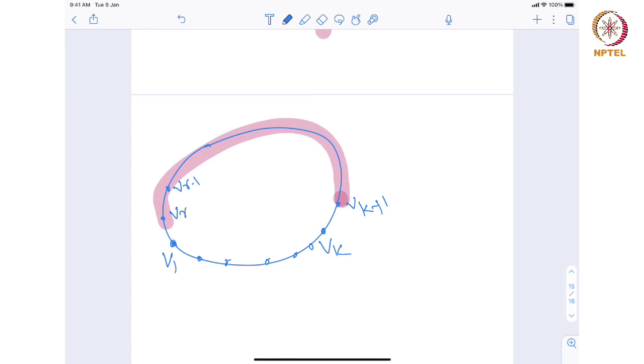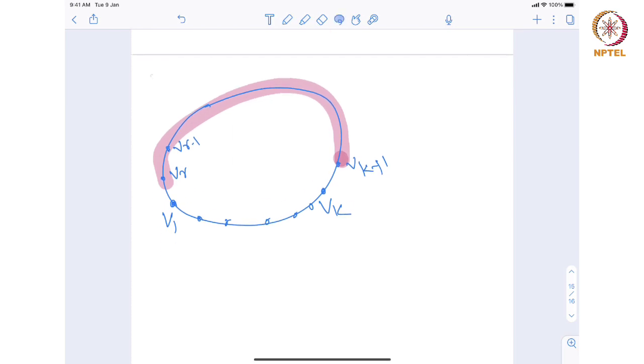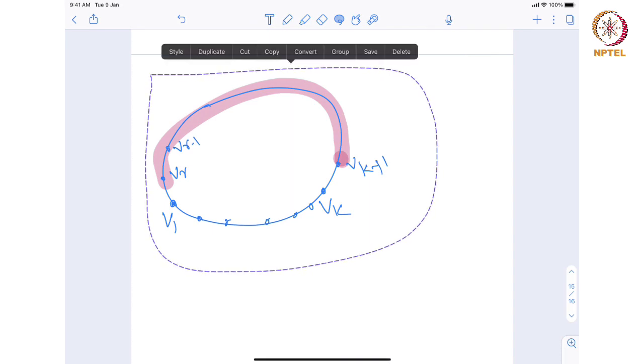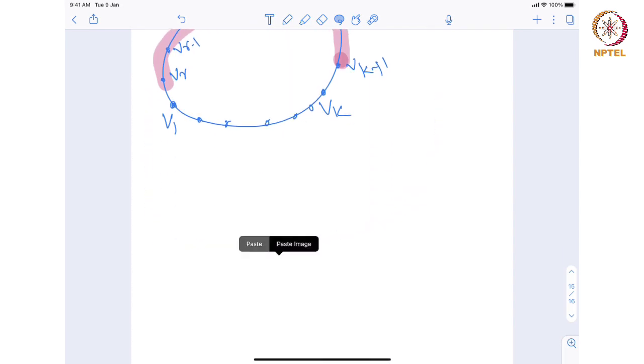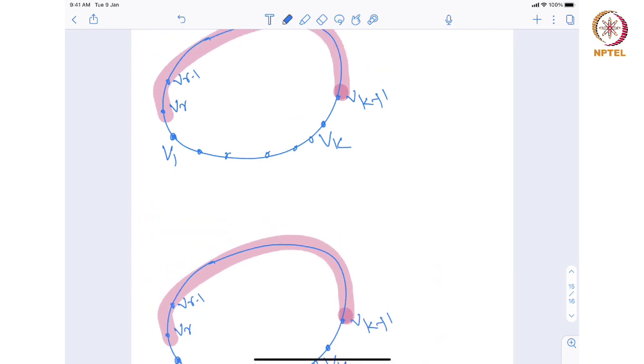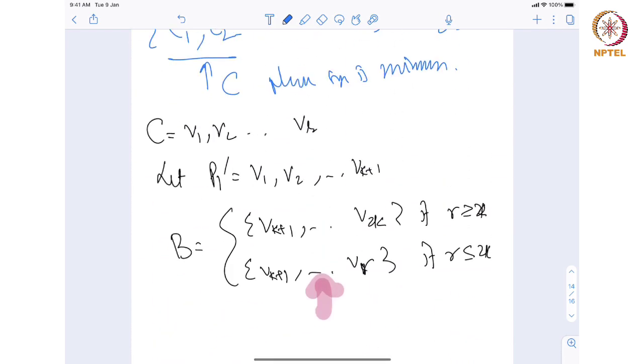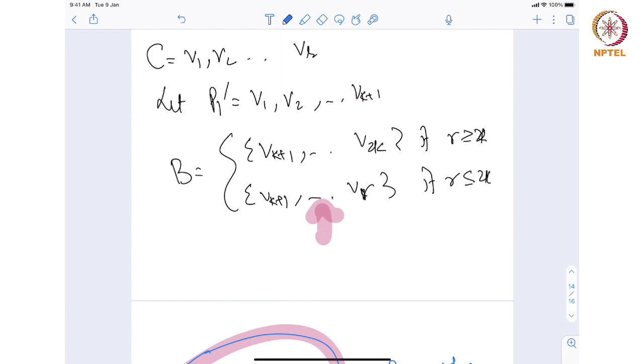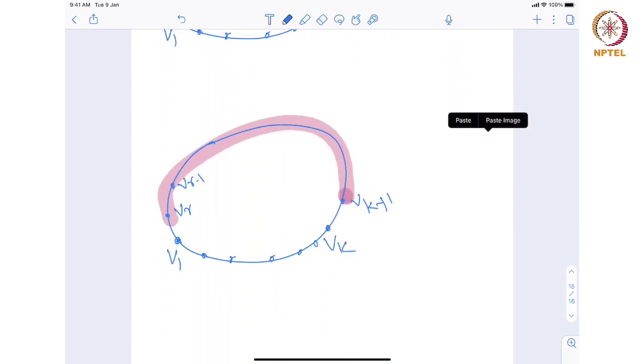So this is B when r is strictly less than 2k. Now, imagine that r is greater than 2k, but it could be much more.